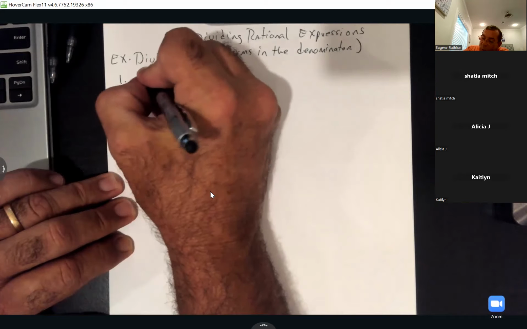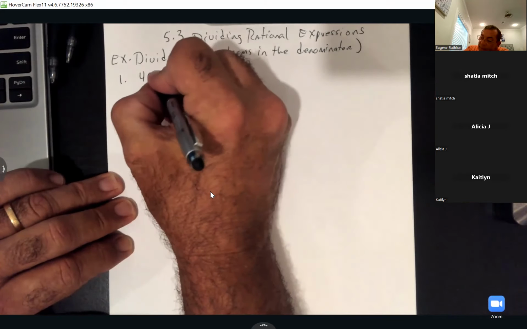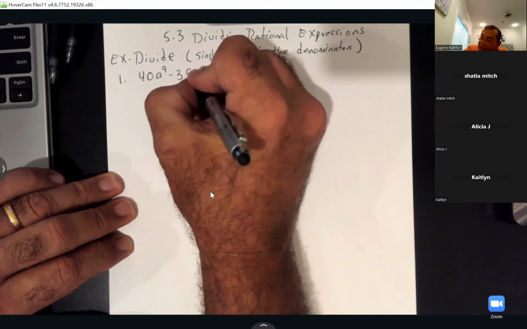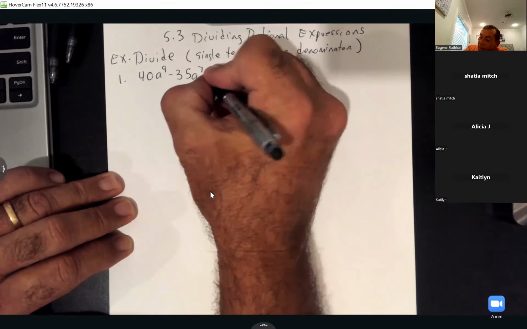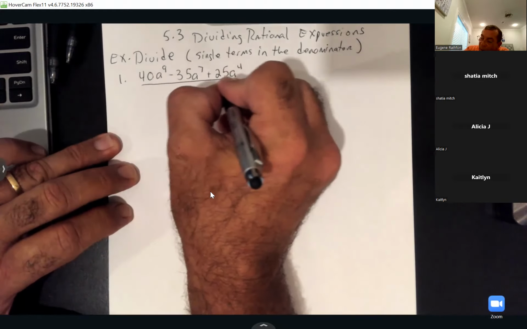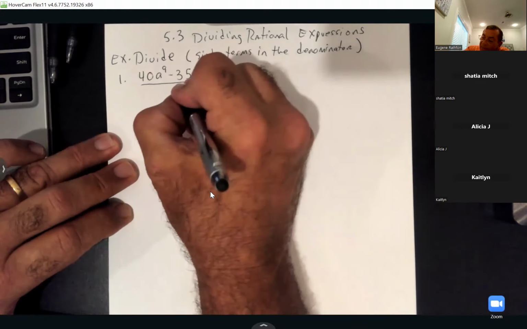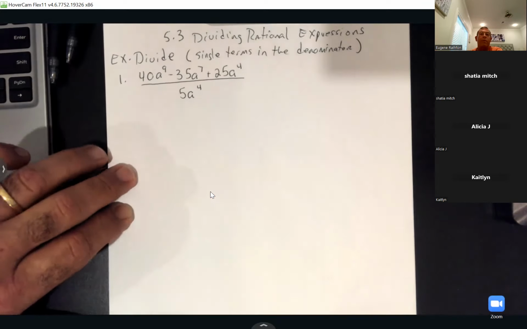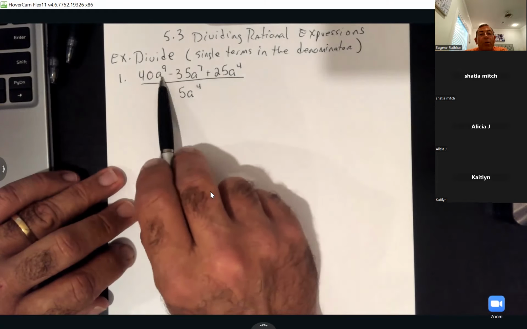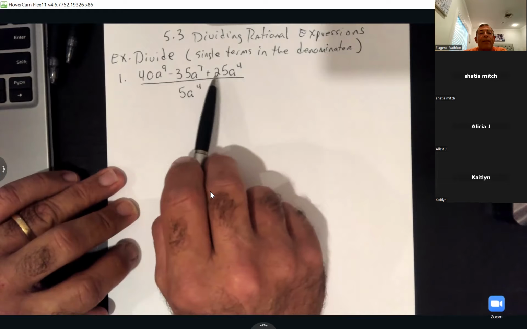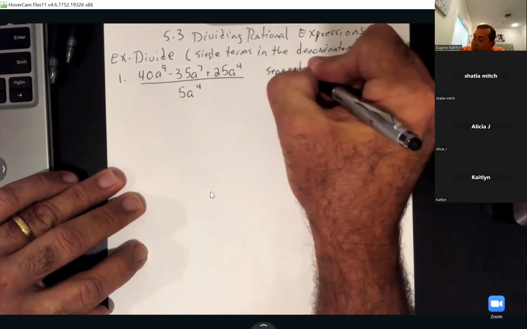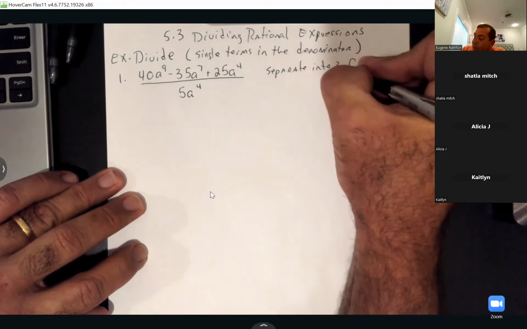So watch what I've got. I've got 40a to the 9th minus 35a to the 7th plus 25a to the 4th, all divided by 5a to the 4th. The first thing I have to do, since I've got 3 terms on top, is separate this into 3 fractions.